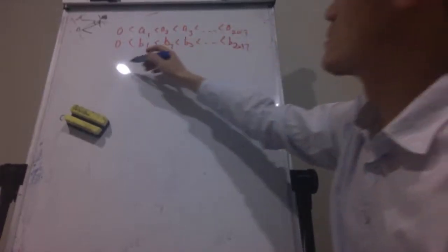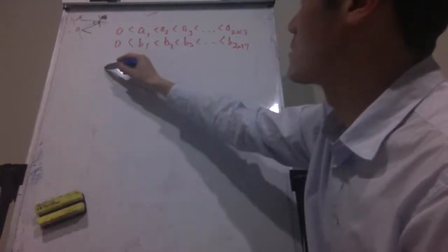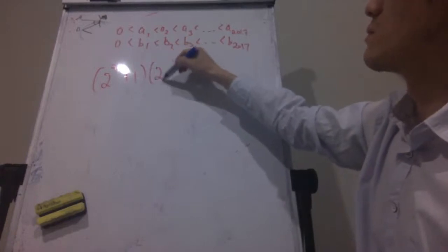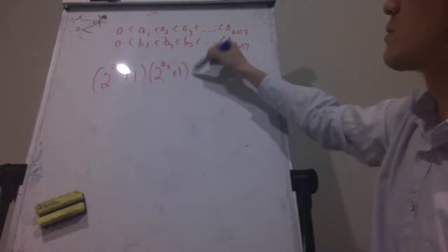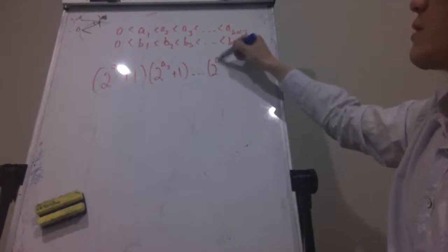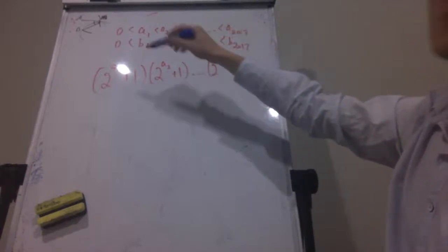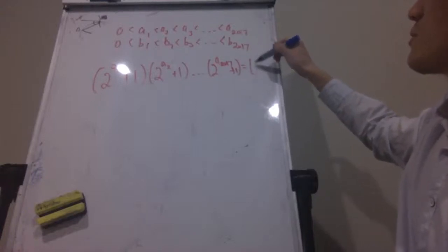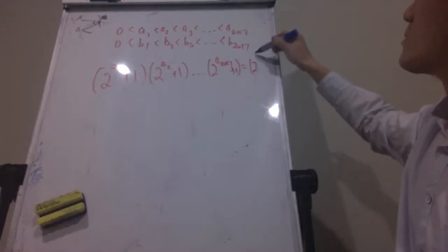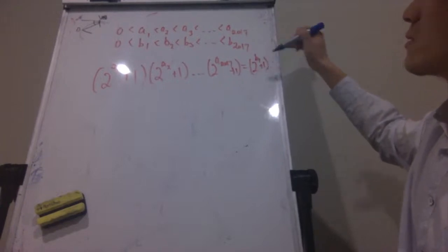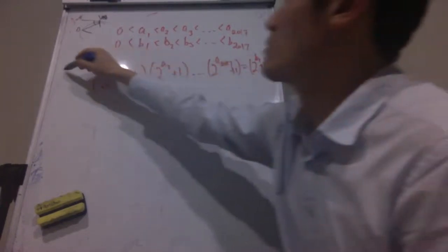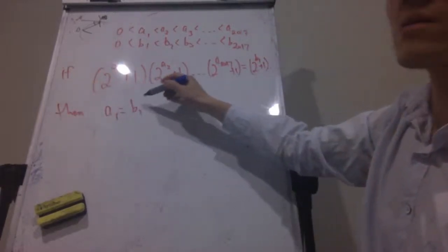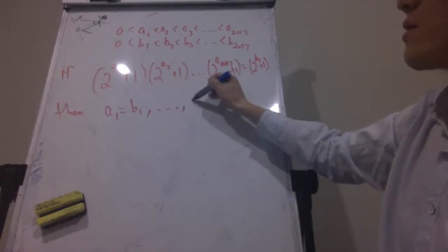And the property that it satisfies is that 2 to the A1 plus 1, 2 to the A2 plus 1, all the way up to 2 to the A2017, if you make them all the powers, they equal the same thing with the B's, 2 to the B1 plus 1, and so on. Then if that's true, then A1 equals B1, and so on, and they're all equal.